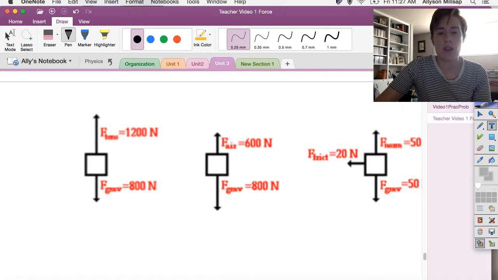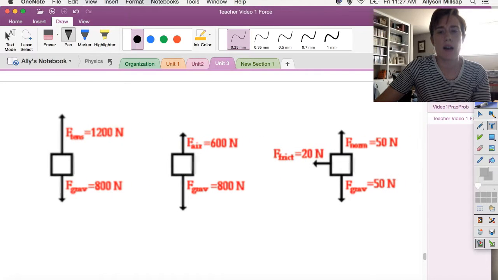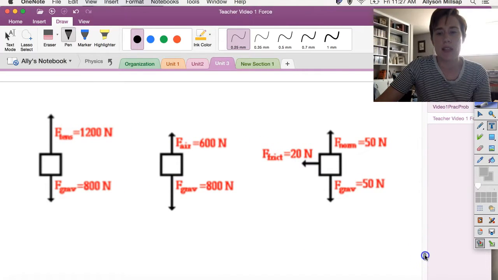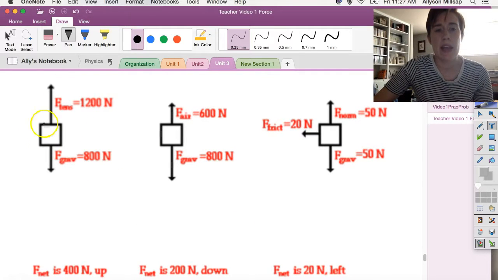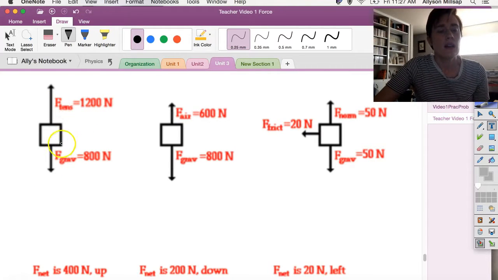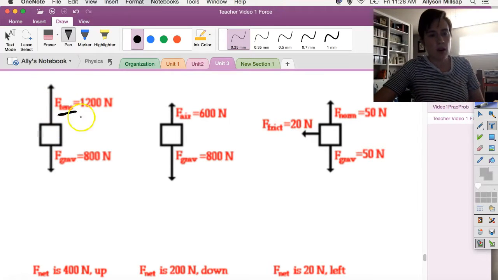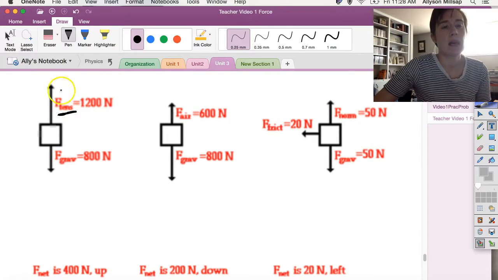What I want to do now is I want you guys to practice drawing out these free body diagrams and calculating the net force of the object and where it's going to move. For example, here's an object. This is the force of tension, so it must mean it's being held up by something. Tension is a pull force.